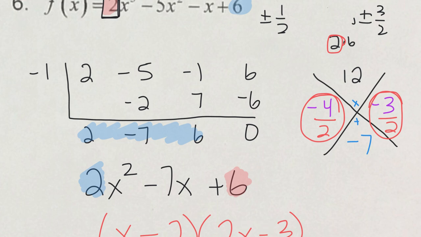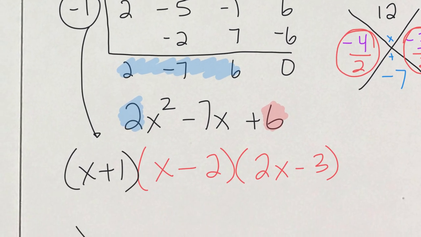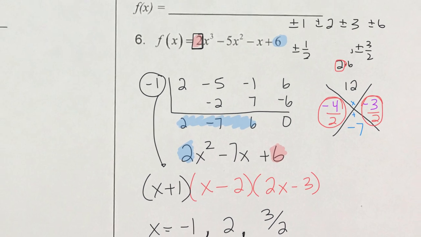Okay, and your third factor comes from the -1 solution, which gives you an x plus 1 factor. So your three solutions are -1, +2, and 3/2 when you solve 2x minus 3 equals 0. Okay, which is one of our potentials, right?